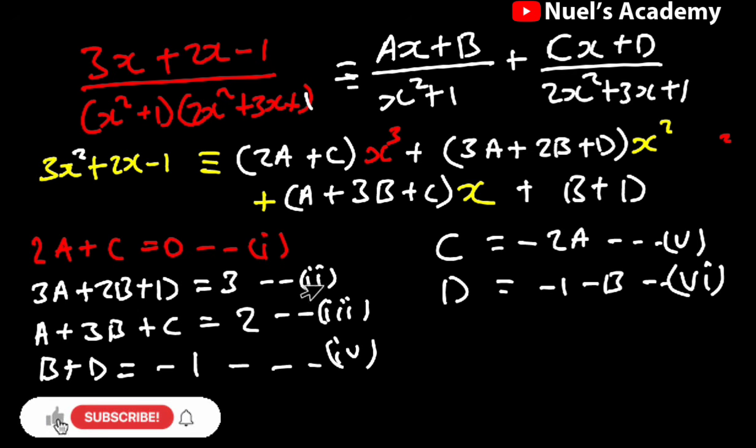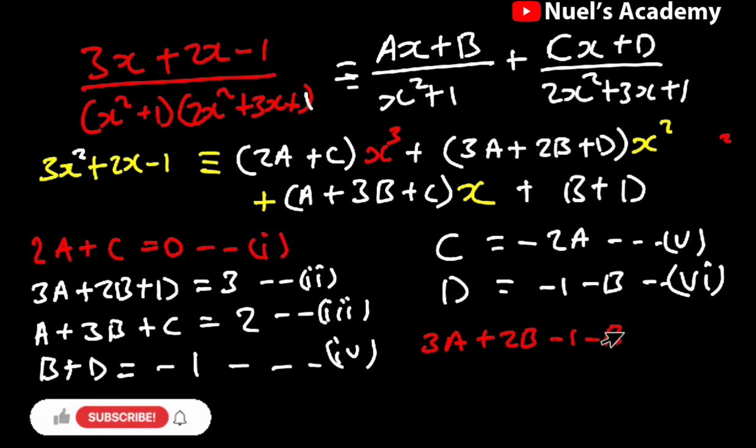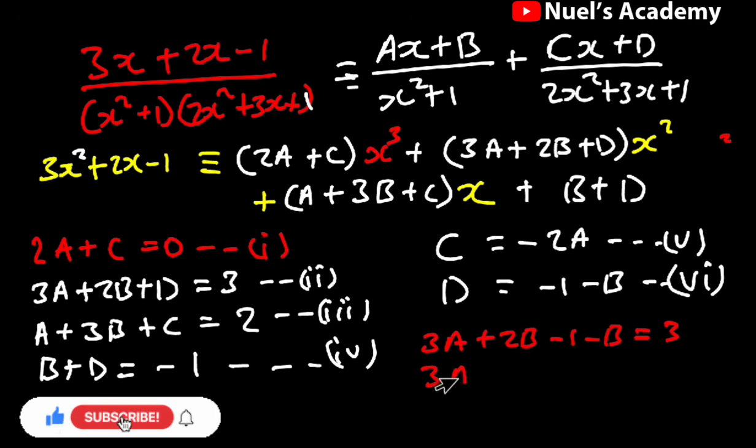So for equation II, we have 3a + 2b plus d, but d here is minus 1 minus b, right? Then this is equal to 3. So you have 3a + 2b - b is equal to b.